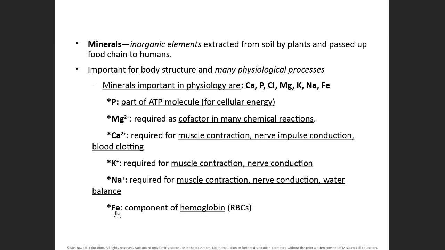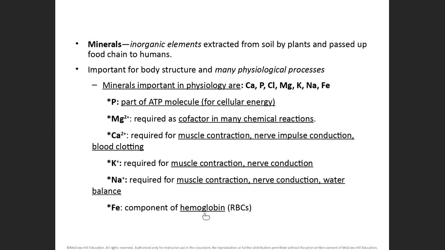Another important one in physiology is iron. Iron is a part of hemoglobin. Now, hemoglobin, I'm sure you've all heard of, is a protein, and the protein is actually pigmented. It demonstrates a red color.